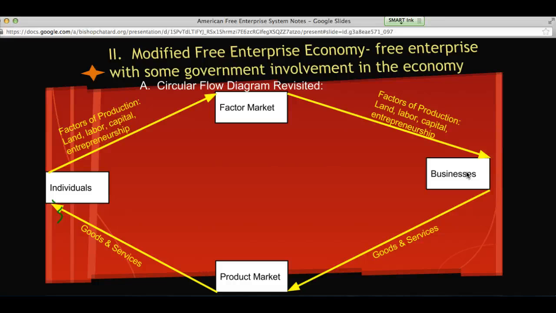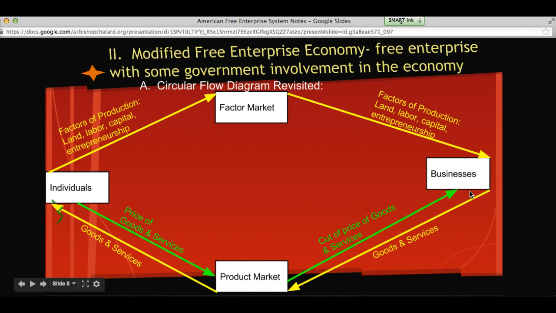Now going the opposite direction, our counterclockwise, all we're doing is we're paying for all of this. So we have our individuals paying the price of the good or service to our product market. Okay? The product market then has to give our businesses some sort of cut of that price. Okay? And then we have to pay for our factors of production. So what are our payments called for our factors of production?